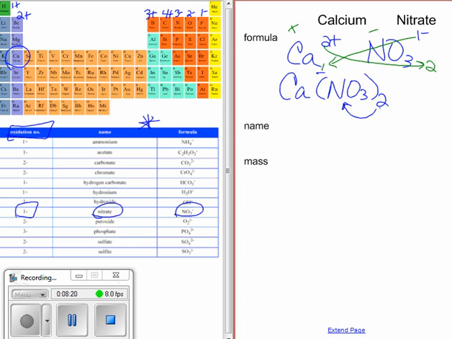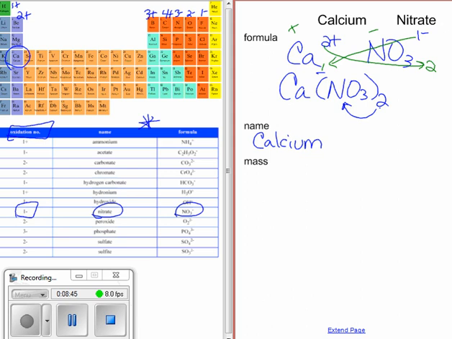Okay, to name it, again, we get two names, and this is something that a lot of students get mixed up. The first name doesn't seem to pose a problem. The first name is calcium. But then you'll notice I have an N and an O, and I know N is nitrogen and O is oxygen, but it only gets one more name.